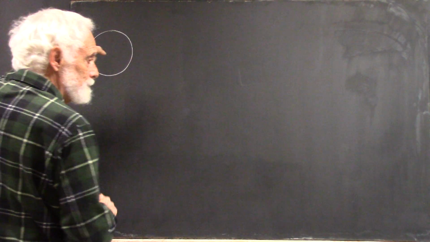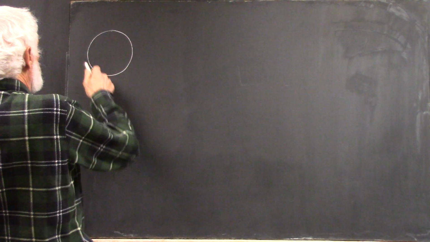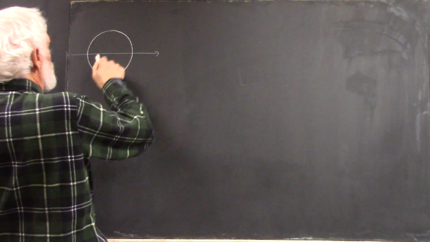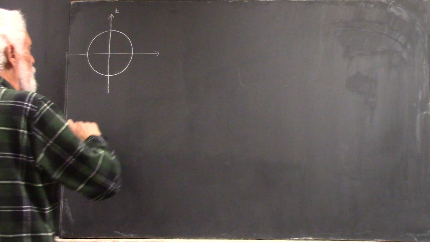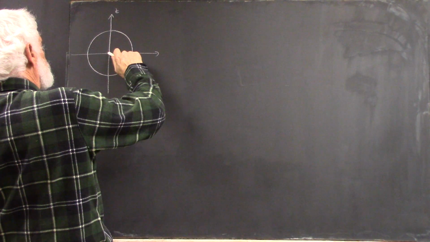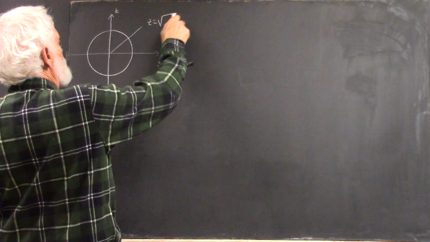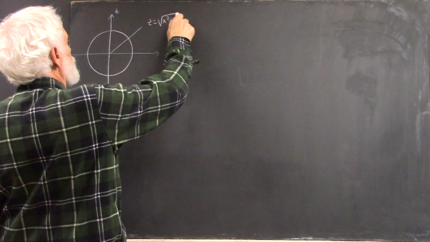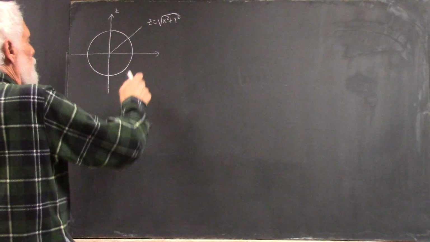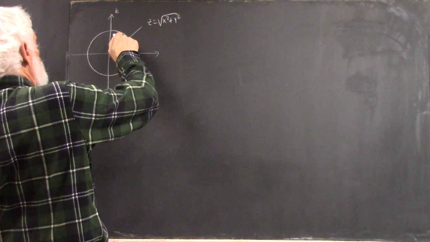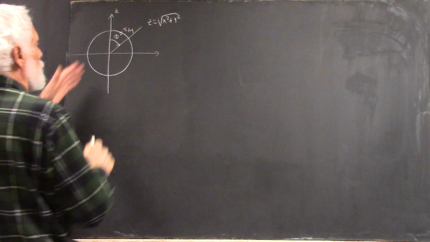Let this be a sphere viewed, say, along the x-axis or along any axis through the origin. Where z is here. Then a line z equals the square root of x squared plus y squared here will be an angle phi equals pi over 4 relative to the z-axis.